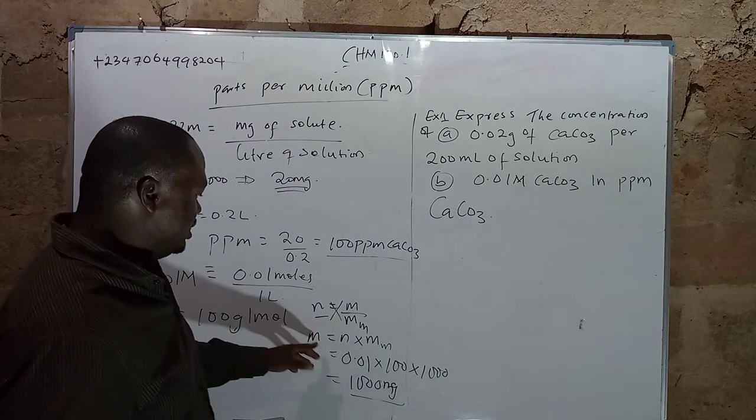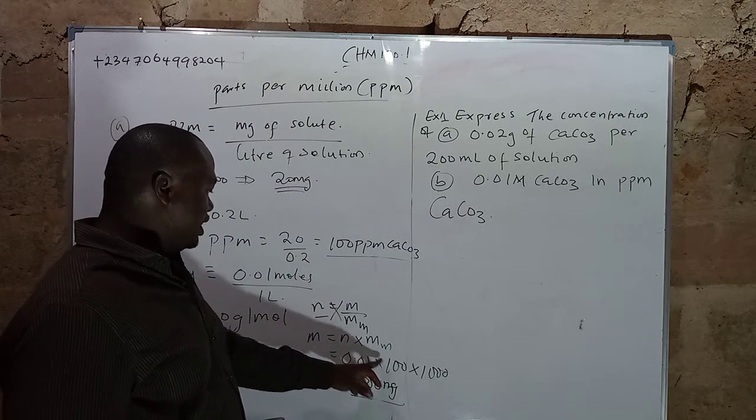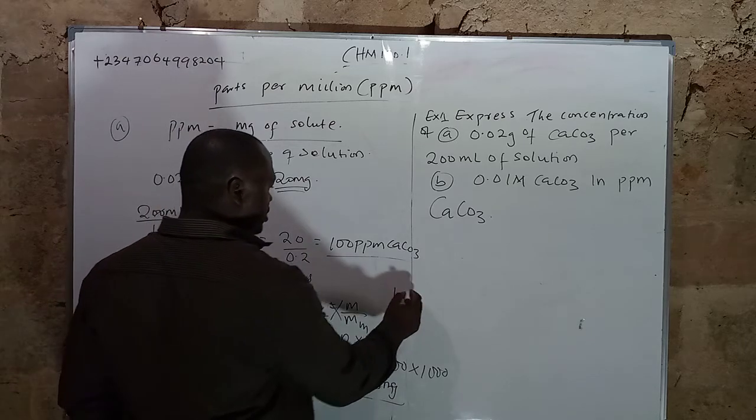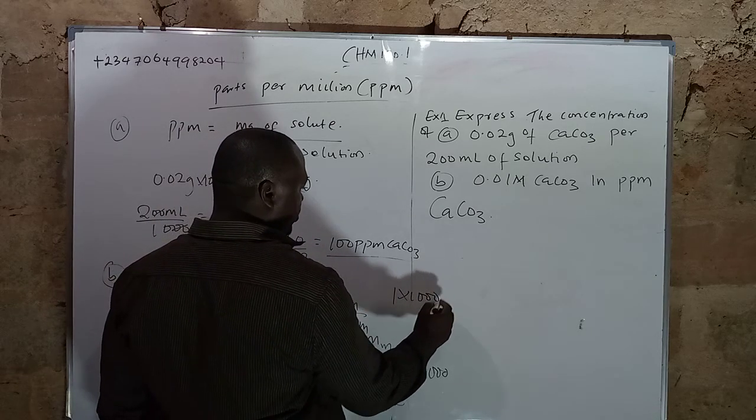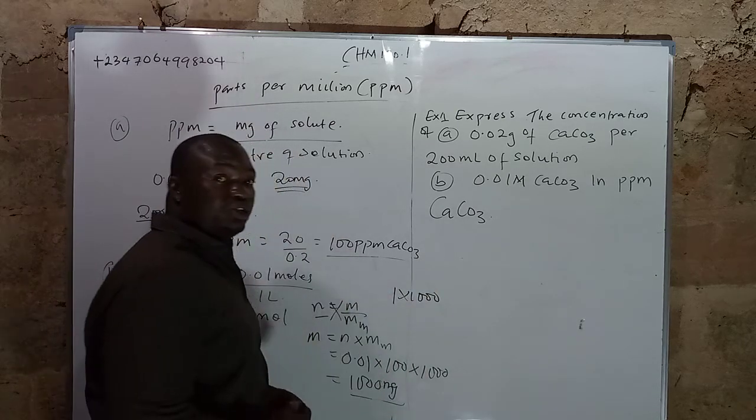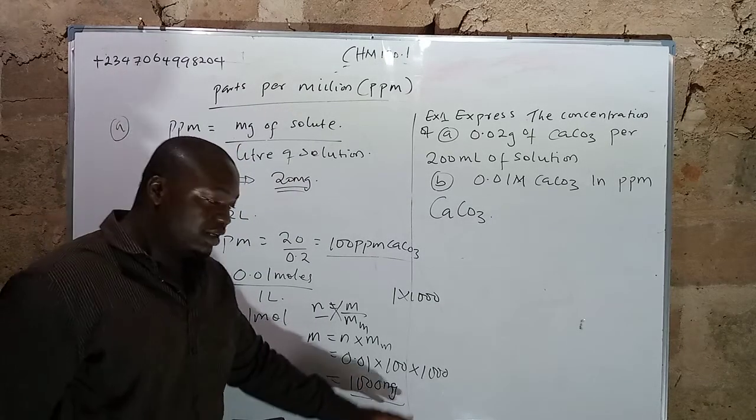Remember what I did here was mass, moles times molar mass, which I got 1. So times 100, times 1000, because I want to convert the grams to milligrams, and I got 1000 milligrams.